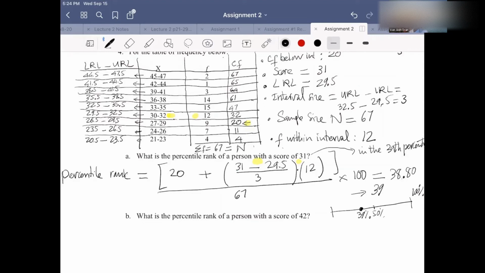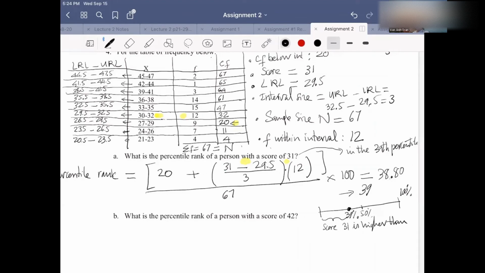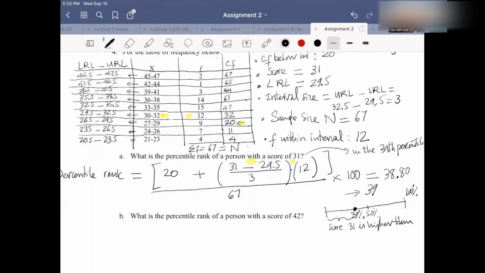Okay, so what does it mean by that? That means that the score 31 is higher than what percent of the scores, everyone? Higher than what percent of the class? Or of the scores in the class?